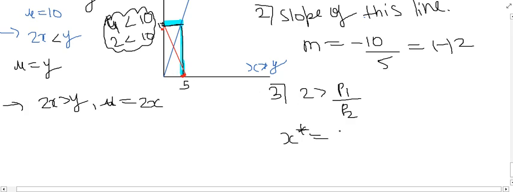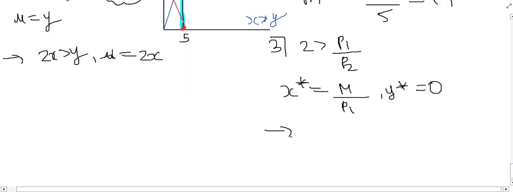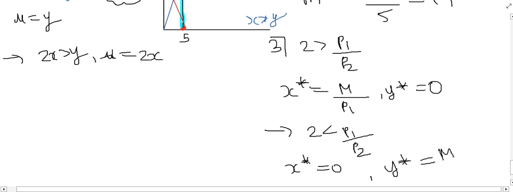X star would be m by p1. The consumer will consume all of x, and y star would be 0. In another case, 2 can be less than the price ratio, as the question gives us the values. In this case, x star would be 0. The consumer will be consuming only y. Y star equals m by p2.